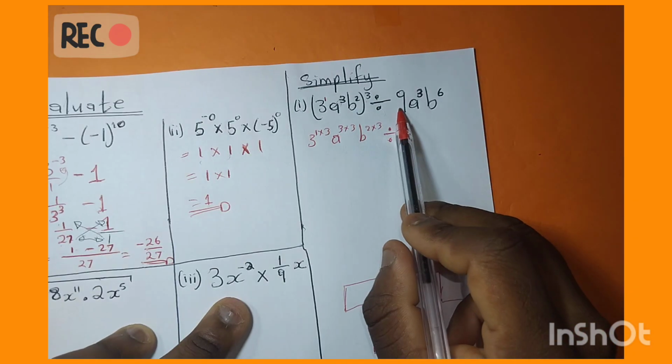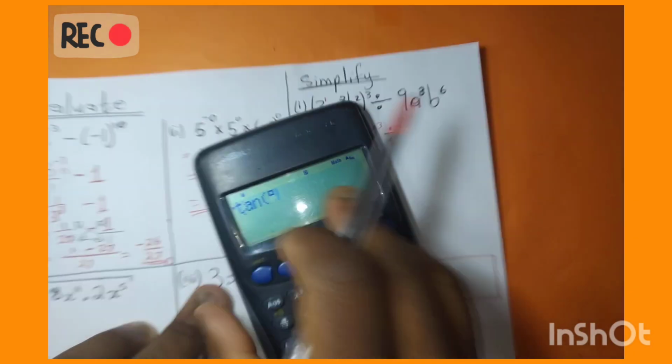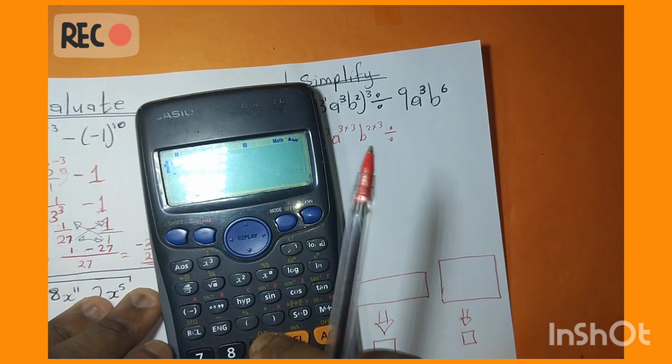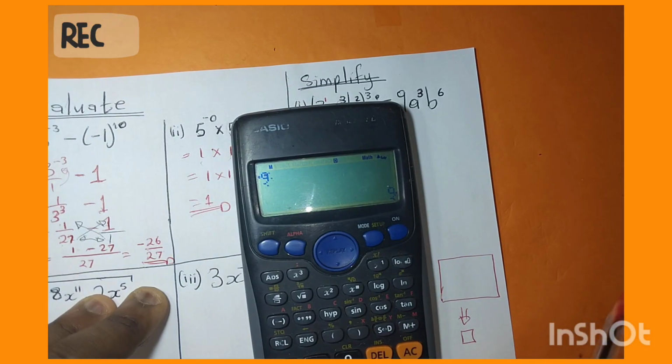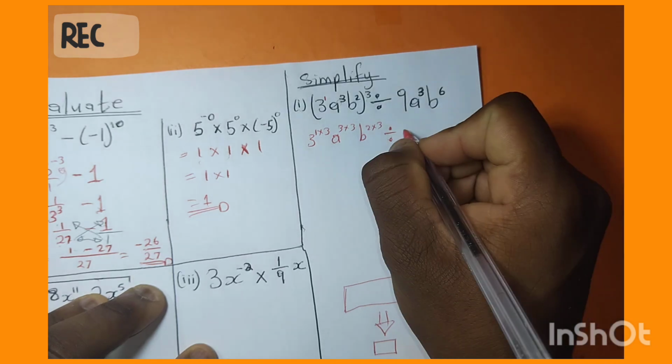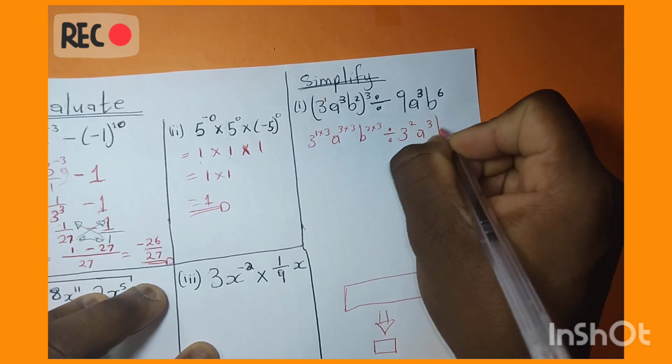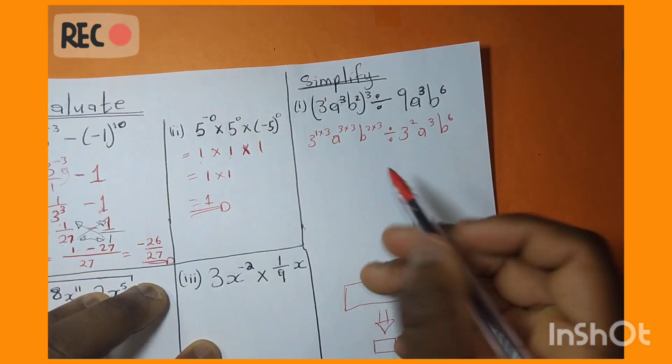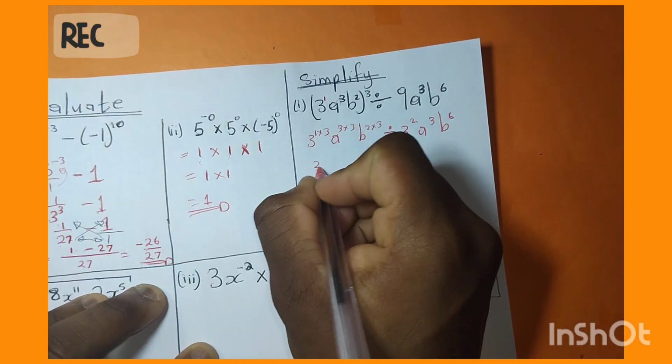And remember guys, when you have a bigger number, you change that bigger number into exponential form. You just press 9, equals, shift, fact, just like that. Meaning this will be a^3 and b^6. Let me just simplify this.